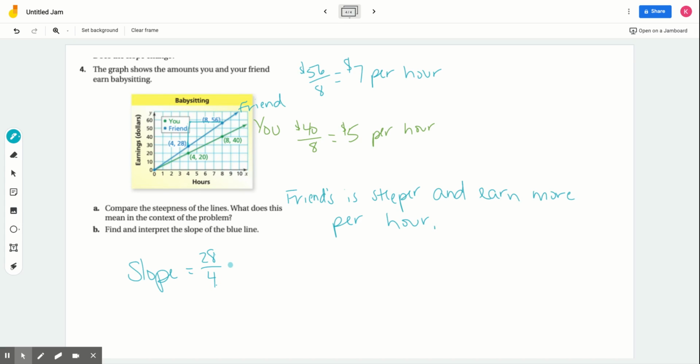So a slope of 28 over 4 is a slope of 7. Now, this is telling us that our friend earns $7 per hour. That's what it's telling us when we're interpreting the blue line. Now remember, since these are both moving upward from left to right, these are both showing us a positive slope.